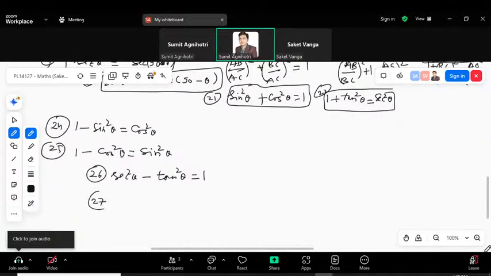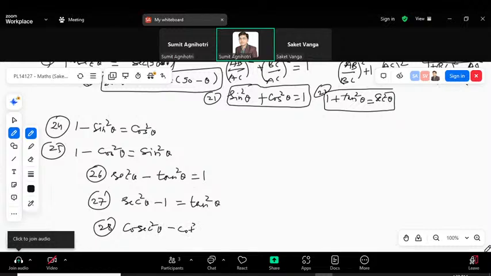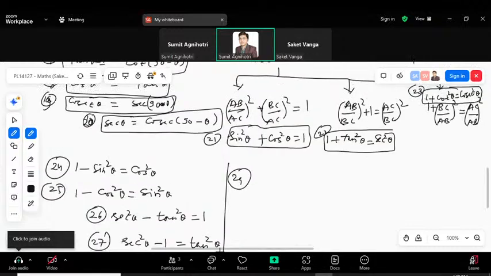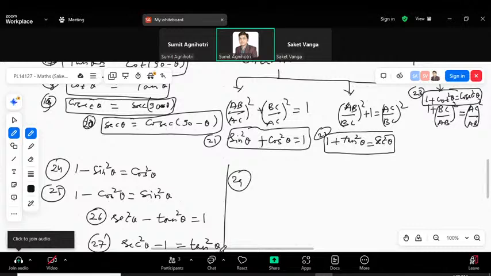Also you can develop sec square theta minus 1 is tan square theta. From the other two you can develop cosec square theta minus cot square theta is 1. And also you can develop cosec square theta minus 1 is cot square theta.